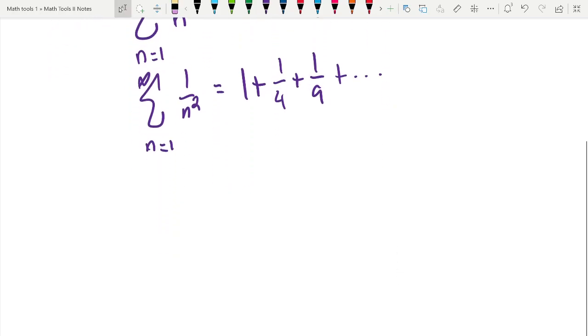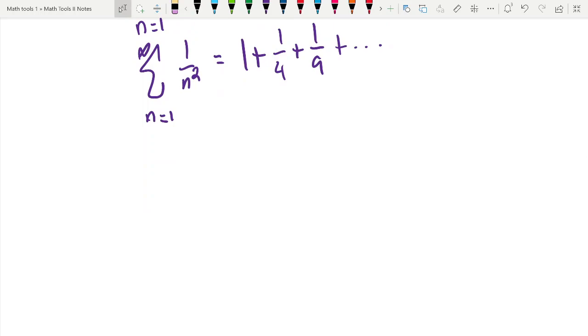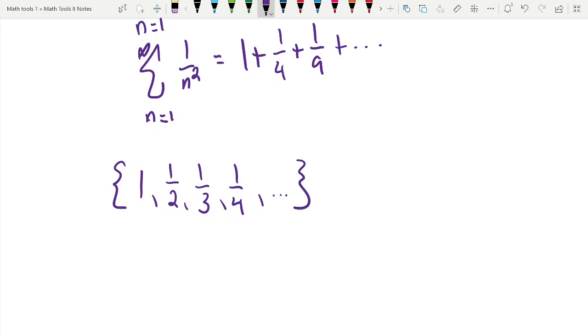So these are simply lists of numbers that follow a pattern. So for example, maybe we just look at the sequence 1, 1/2, 1/3, 1/4, etc. Okay. So this would be the sequence of 1 over n.